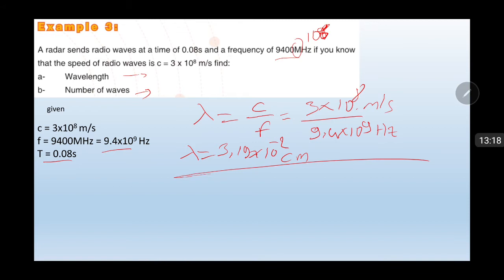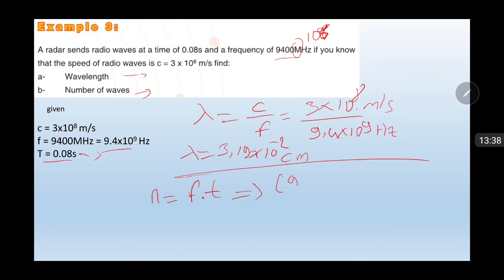And second, the number of waves. If you remember, number of waves equals frequency multiplied by time. Also, period is like time.